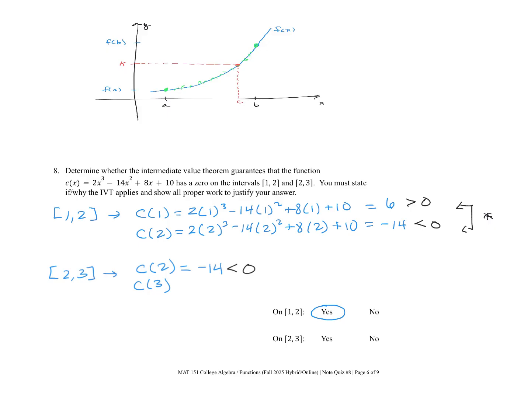That, again, is going to be 2 times 3 cubed minus 14 times 3 squared plus 8 times 3 plus a 10, and that calculates out to be a negative 38, which we know is less than 0.